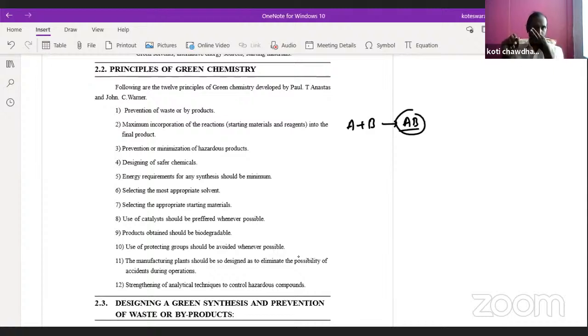We use it wherever possible. Suppose for a particular reaction a catalyst is not available. We need to search for it, develop a new catalyst and use it. Then only can the utilization of energy be minimized. That is environmentally friendly.